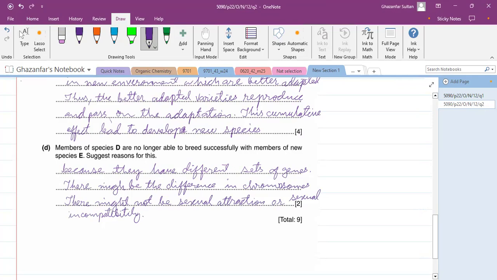And the other main reason is the geographical separation.